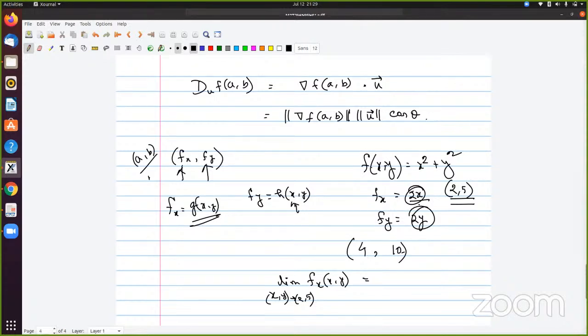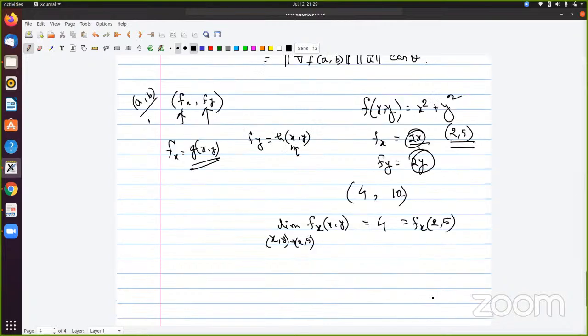Yes. What is the limit of fx? It is 2x, so it is 4. And it is the same as fx at 2 comma 5, correct? So fx is continuous.